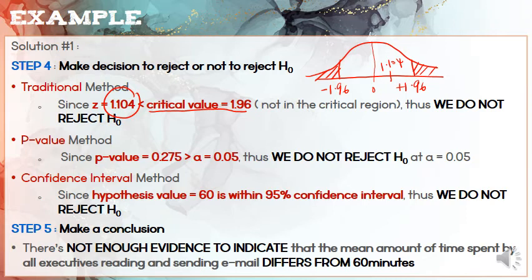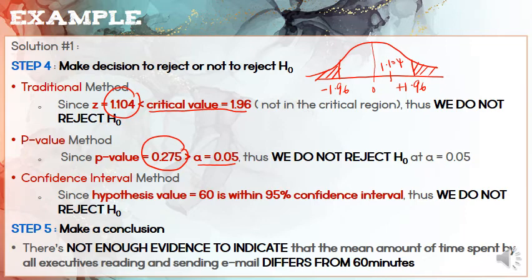Kalau kita guna P-value, daripada SPSS output, dapat P-value 0.275. Soalan kata pakai alpha 0.05. So, kita compare our P-value with alpha 0.05. Now, untuk P-value, if your P-value is greater than your alpha, then we do not reject our H null.